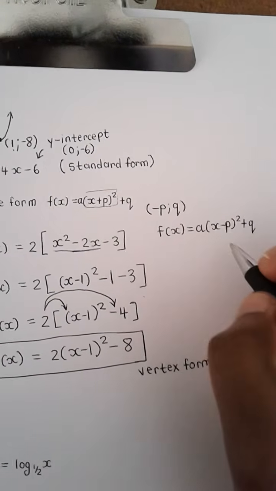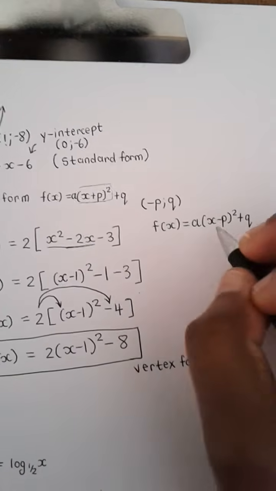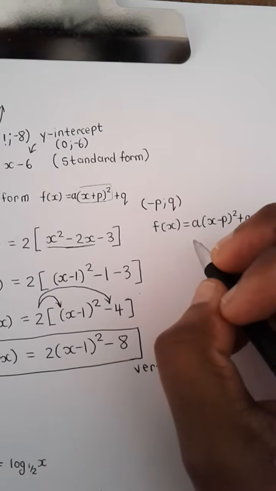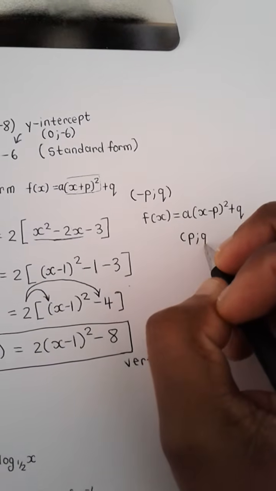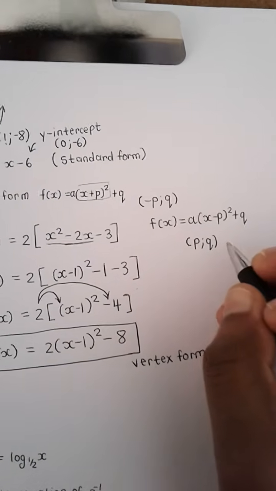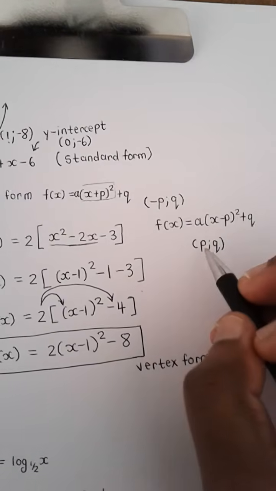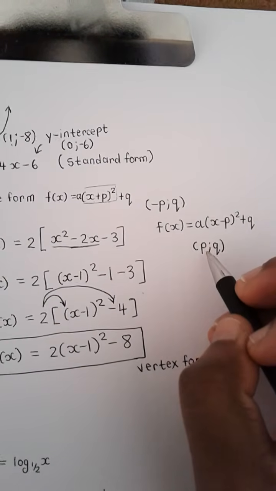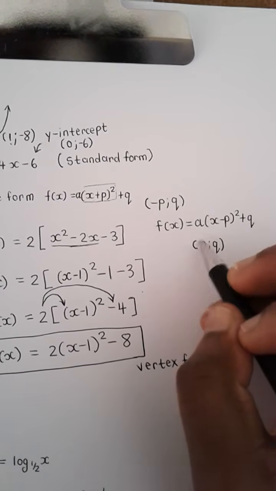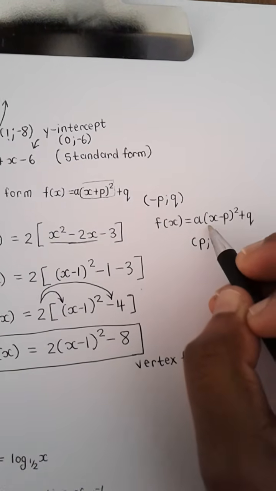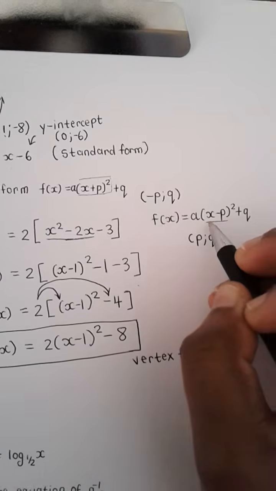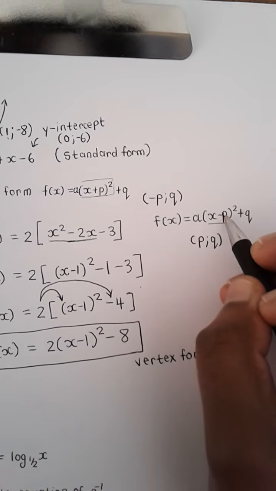And all that you would see in the textbook is that when it's written like this, then they say that the coordinate at the turning point is at the point p, q. The only thing that they're trying to tell you is that the value of your x-coordinate at the turning point is always the opposite sign to what's inside of this bracket, right? So you see over here, you have a minus p.